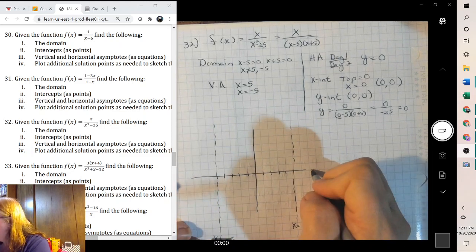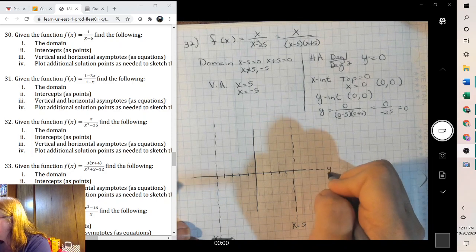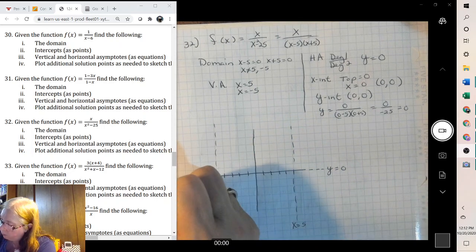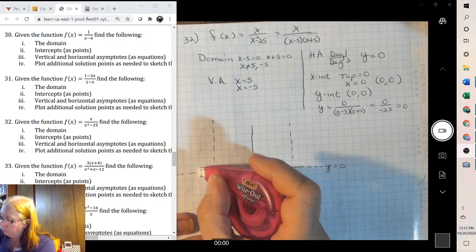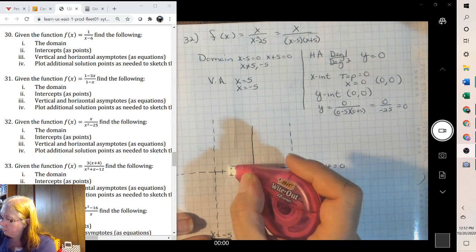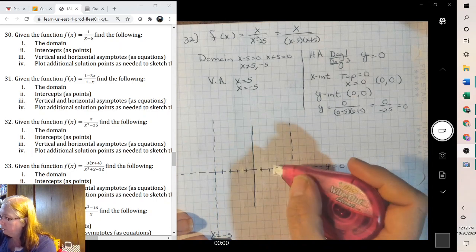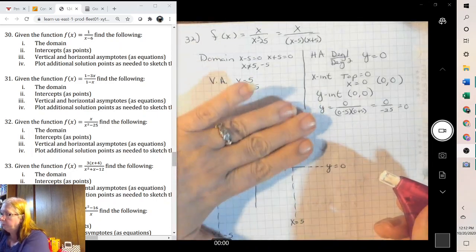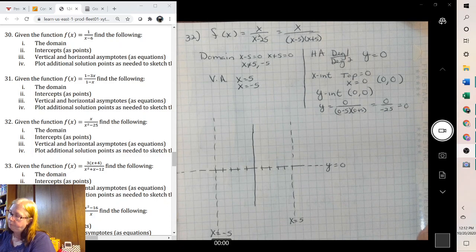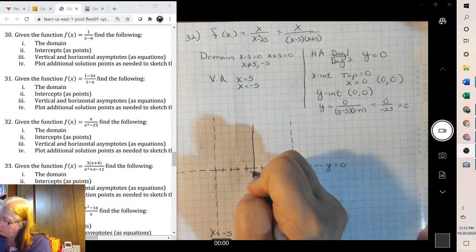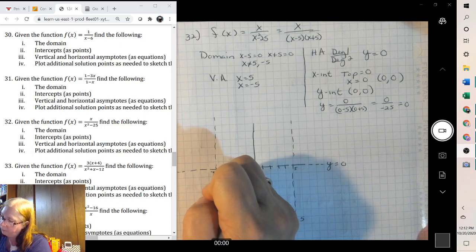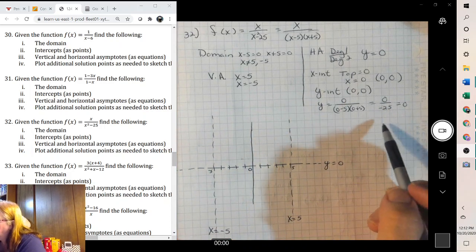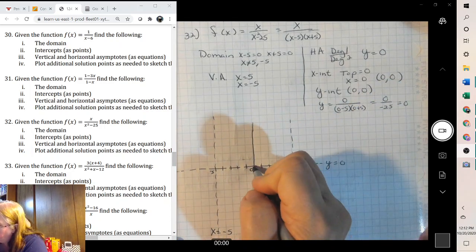And then the horizontal is on the axis again. It's y equals 0. Normally they don't always show this one dotted, but I will mark it so you remember that it's dotted. This is 0. 5 and -5. And our point, we had one point right at the origin.